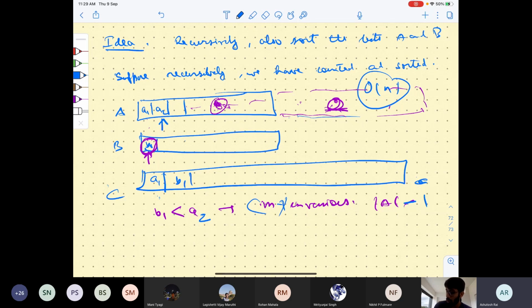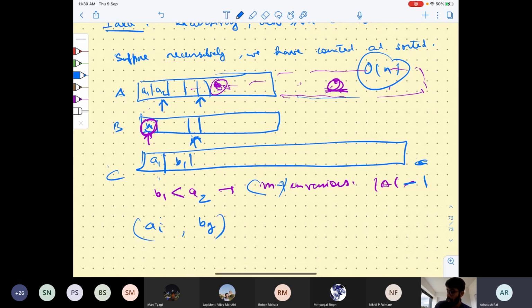Good. So what does that mean? Now suppose the current pointers are at some ith position in A and some jth position in B. So suppose it is at Ai and Bj, and the comparison is happening.